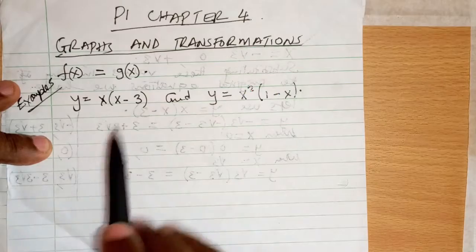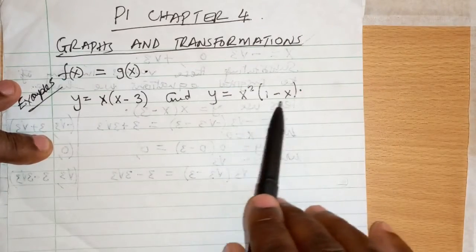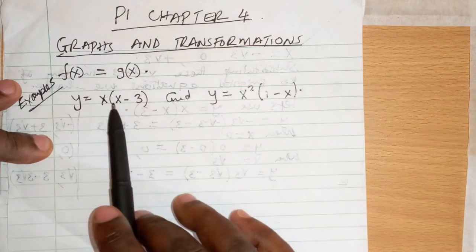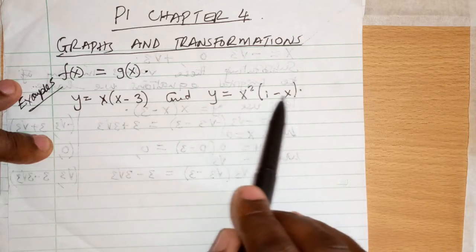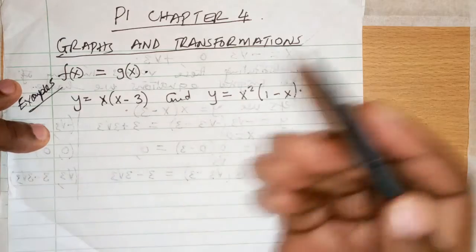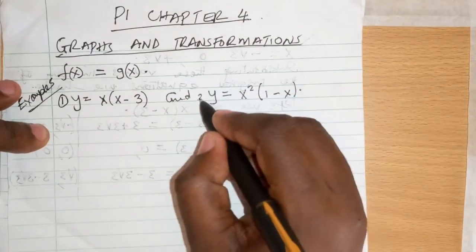It is clear that this is a quadratic graph and this is a cubic graph, because in this one the highest power is 2 because of x squared, and the highest power here is 3, x cubed. Let's call this one graph 1 and this one graph 2.